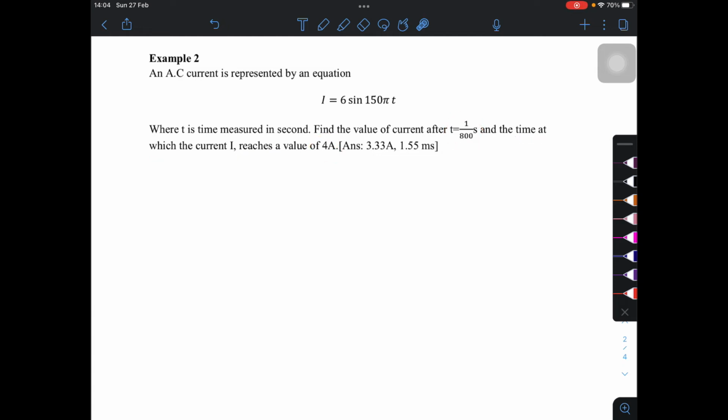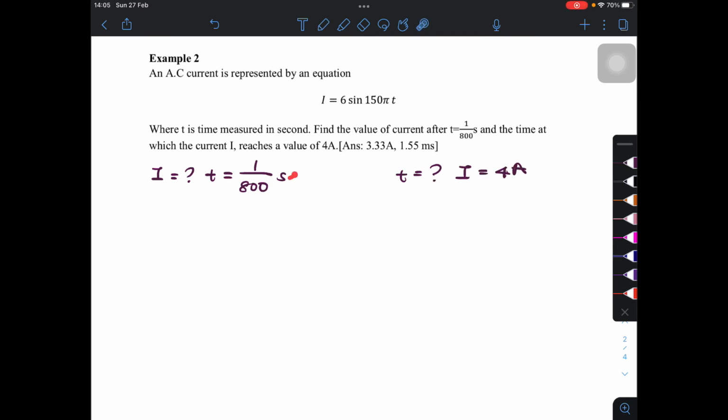So there are two things that we need to do here. First, we want to find what is the current after t is equal to 1 over 800 seconds. And then what is the time when the current reaches 4 ampere.